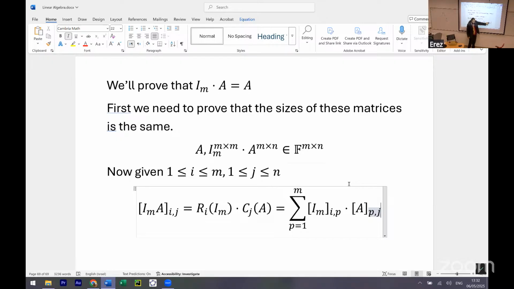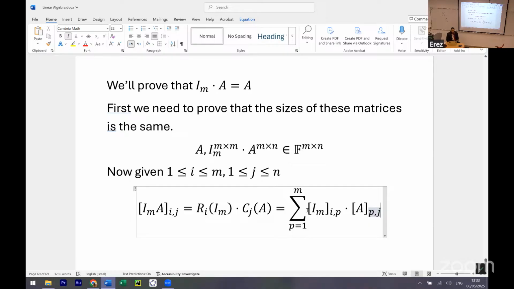And in this matrix, the column stays the same, and p runs over the row. So that's exactly this operation, which is the multiplication, and I multiply an element by an element. And then I sum them all up. That's the definition of multiplication of matrices.